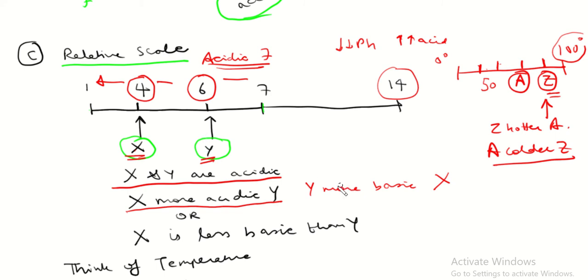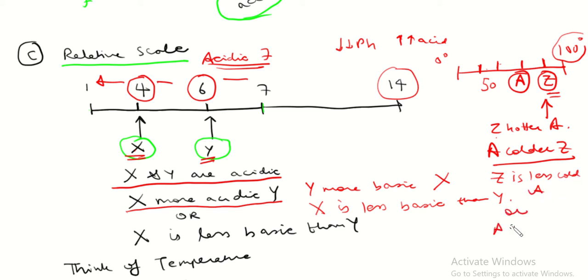Or the other way to look at this is X is less basic than Y, right? So again, Z is hotter than A, A is colder than Z. Or a different way of saying it, Z is less cold compared to A.